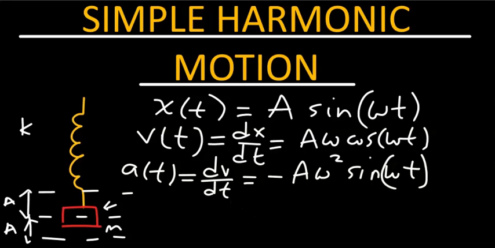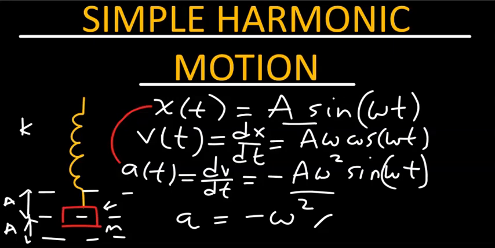Now comes an important equation between a and x. By comparing the expression for the acceleration and the position, we immediately see that the acceleration can be written in terms of position in the following manner: a equals minus omega squared x.